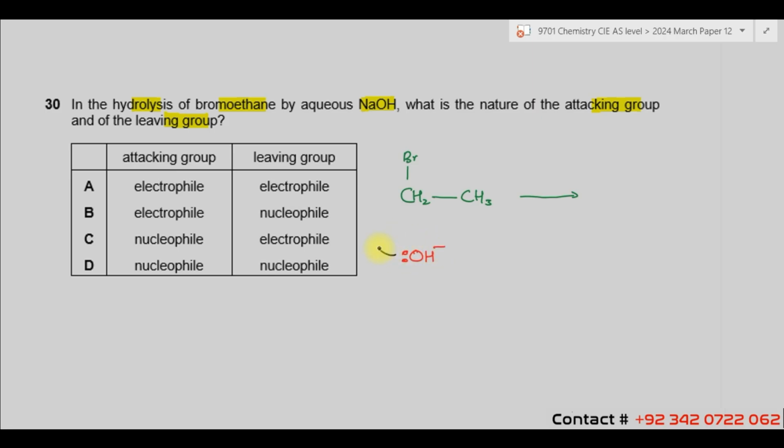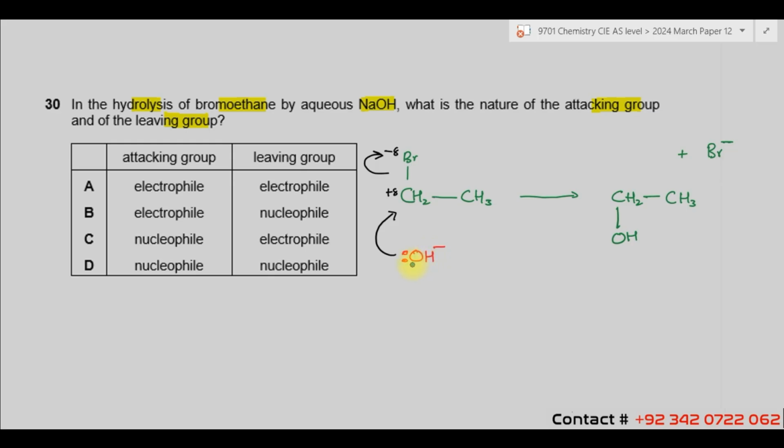This OH negative attacks the partial positive carbon as it is attached to a more electronegative element. So bromine becomes partial negative and these electrons go to bromine. So now what happens? CH2 gets attached to OH and Br takes away electrons, and the bond breaks.